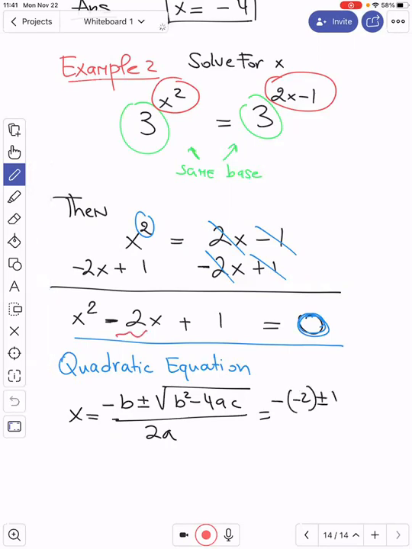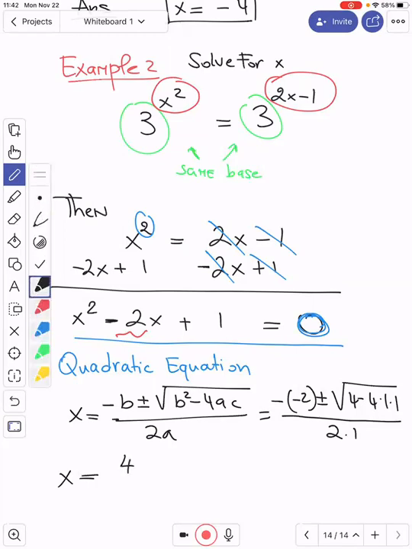Then plus or minus the square root of, b squared is negative 2 squared, that's 4, minus 4 times a, which is 1, times c, which is also 1, over 2a, 2 times 1. So then x is minus negative 2, that's positive 2.